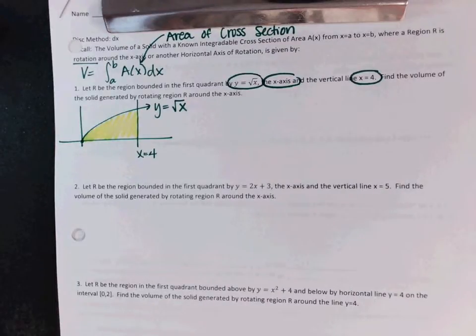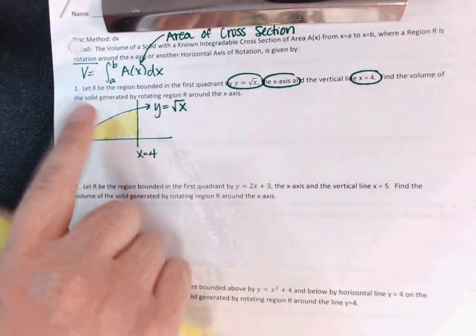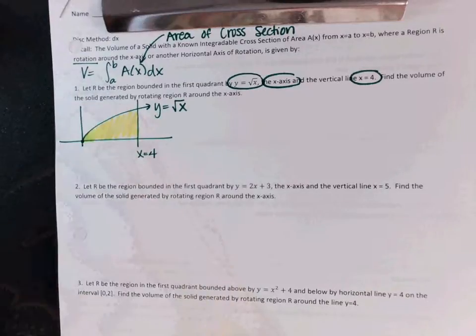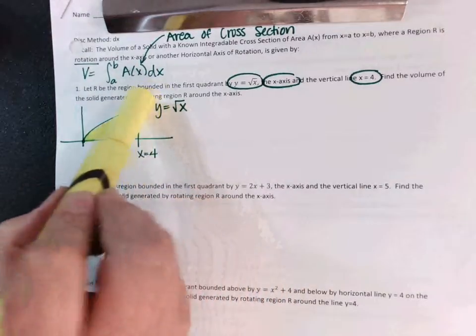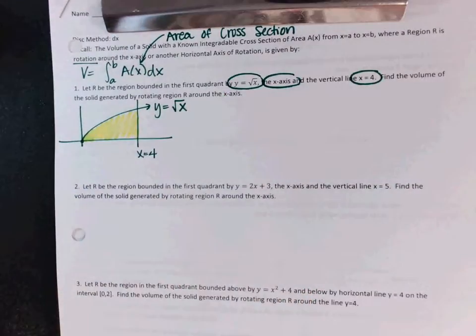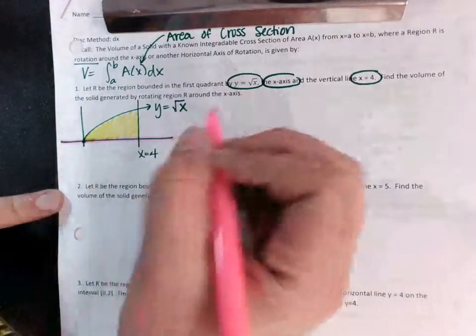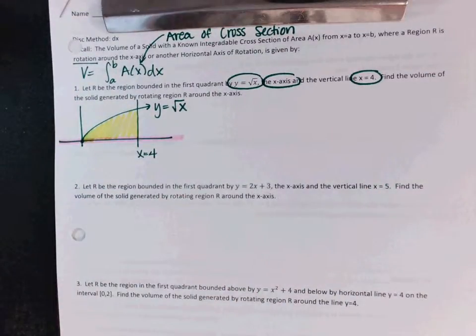What you are going to do is, I want you to read it, says, find the volume of the solid generated by rotating this region R around the x-axis. So this is the x-axis, obviously, and you're going to take that and spin it around and it's going to make a shape.